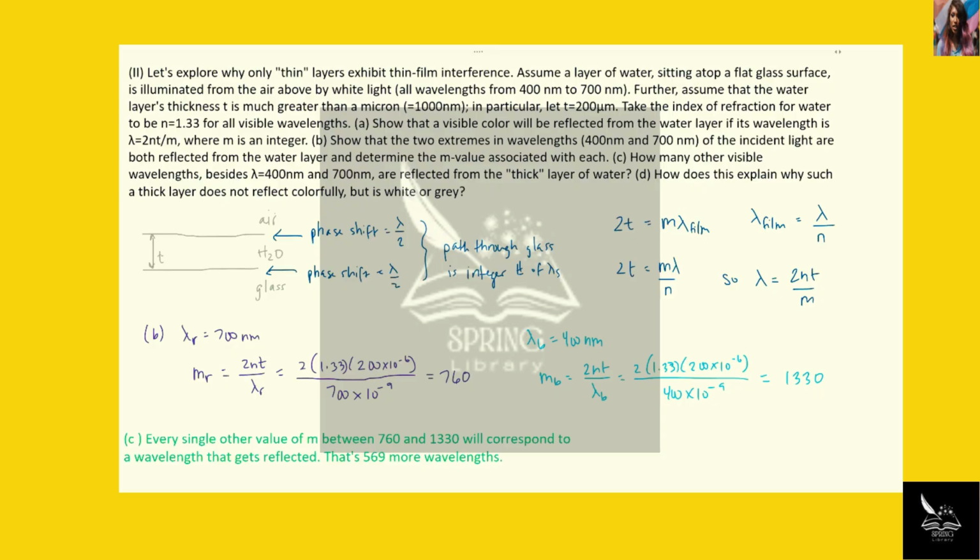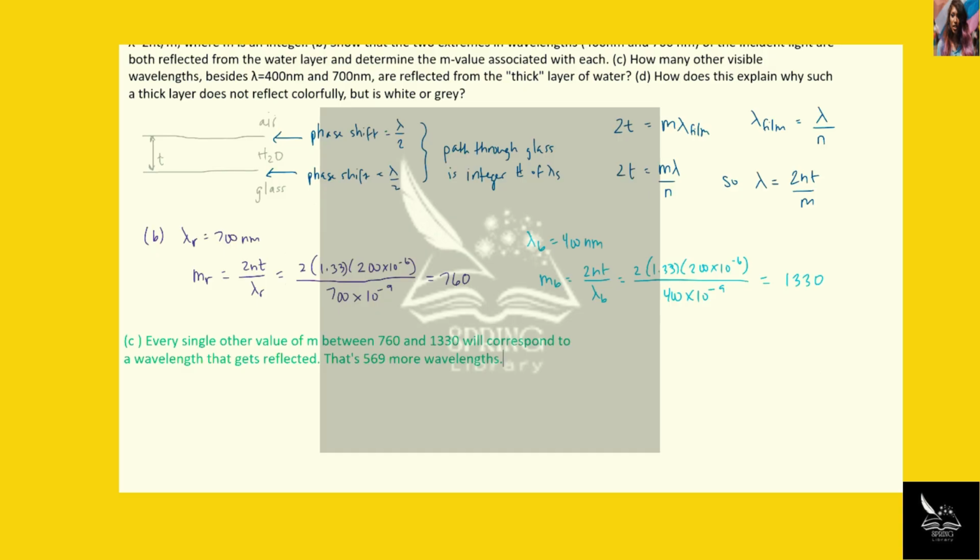All right, and then how does this explain why such a thick layer does not reflect colorfully but is white or gray? Again, we are going to type this one as well, in purple.